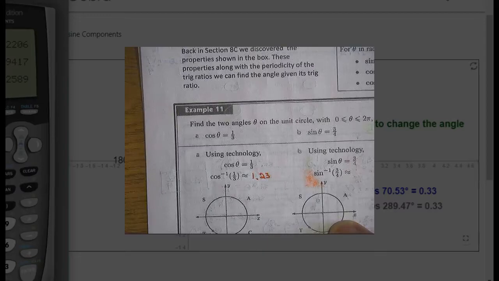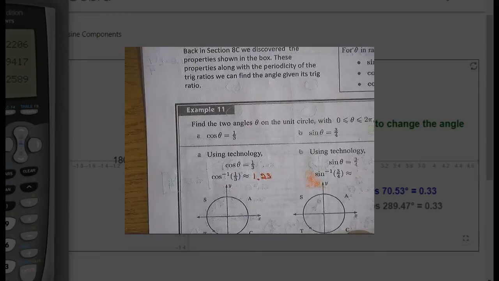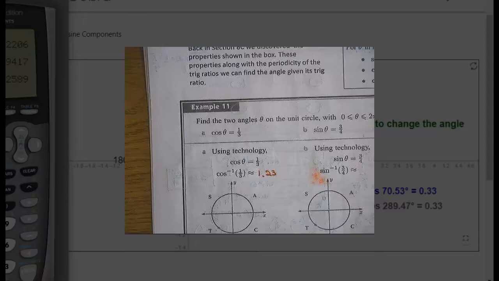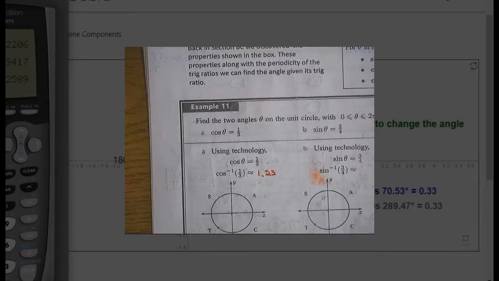And then the second angle is going to be 2 pi minus 1.23. So that is, that's 5.05.